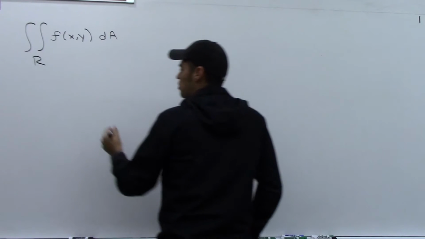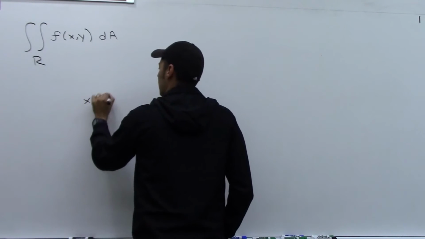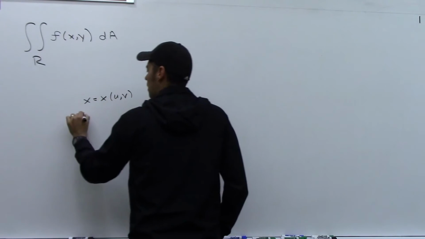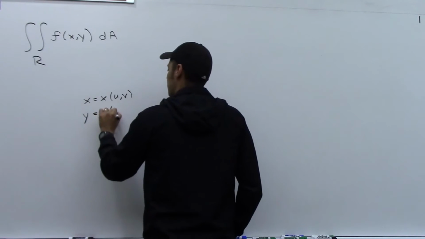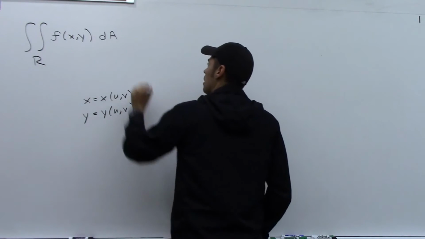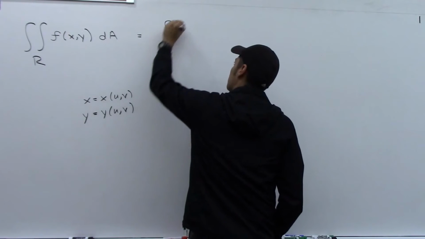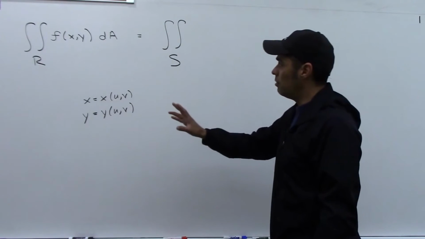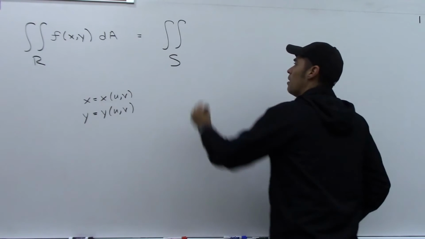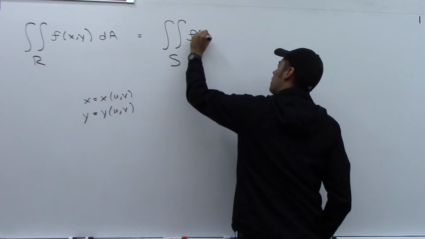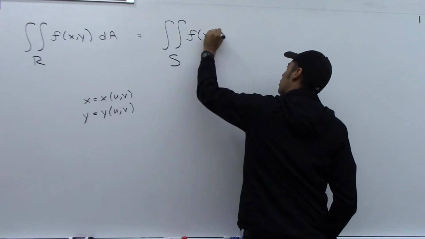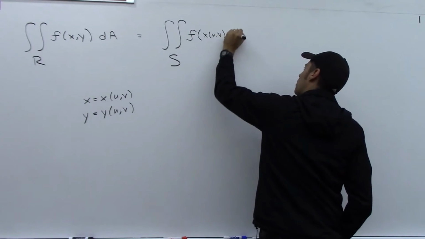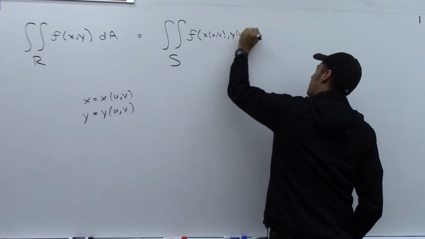And you're going to make a change of variables. Your x is going to become x of u, v, and your y is going to become some function of u and v also, then this will be equal to the double integral over S. Now, S is the new region that I showed you earlier, of f with the x replaced with the function, the y replaced with its function of u and v.